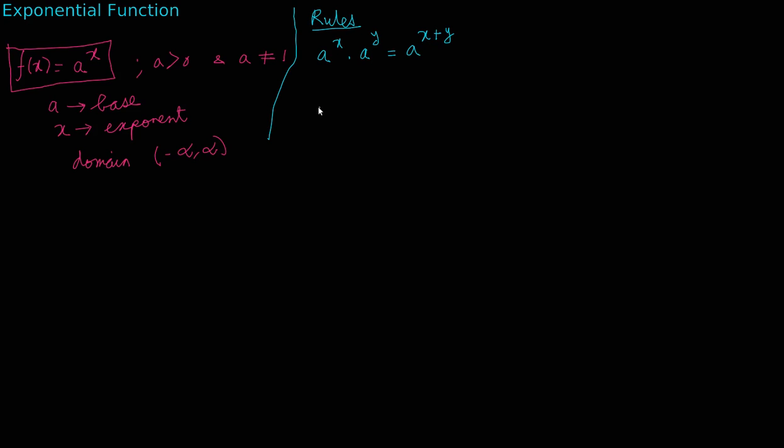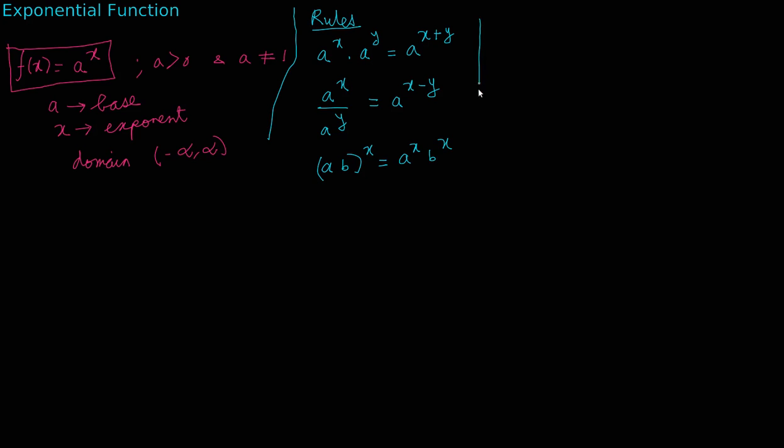If I am dividing a power x by a power y, I am going to simply subtract the exponents, so a power x minus y. And if I have ab in multiplication form and power x, essentially I can write it as a power x, b power x.